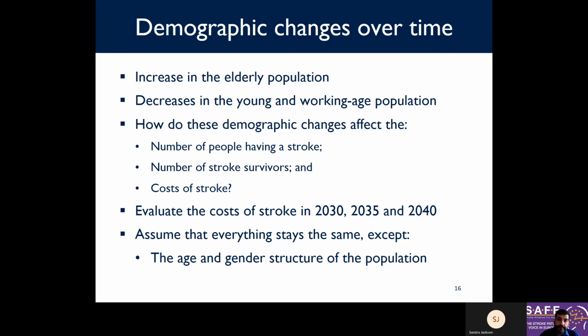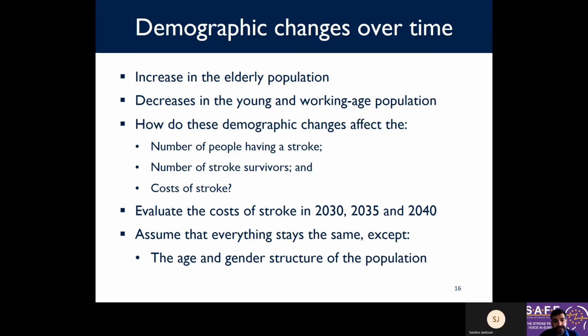And the most prominent of these is the increase in the elderly population, matched also with decreases in the young and working age population. So if things continue as they are and forecasted, there'll be many more people reaching very old age in the future, with less and less of the working population able to either care or pay for those needs.